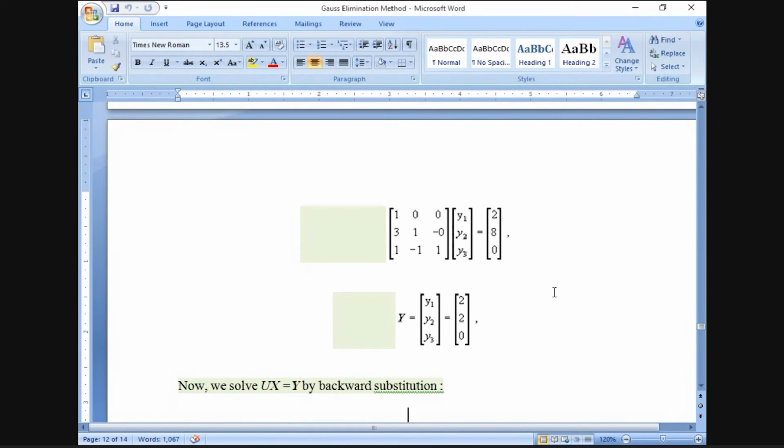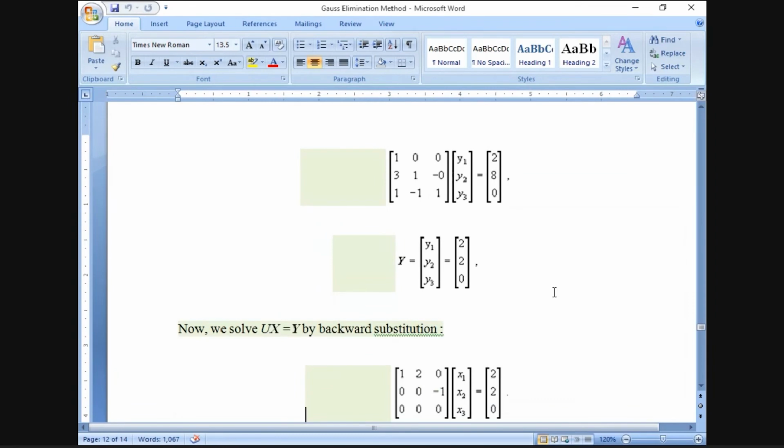And try to calculate the values of x1, x2 and x3. In this way, you have to write down your matrices and do the calculation.